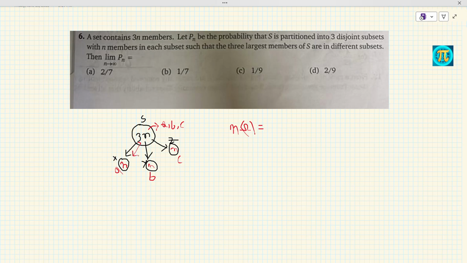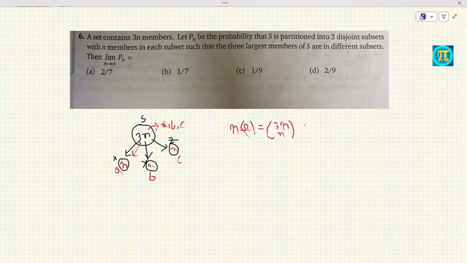So it can be arranged in 3n C n ways. So we are going to do the combination thing over here, and then we are left with 3n minus n elements in the original set S, that is 2n elements.